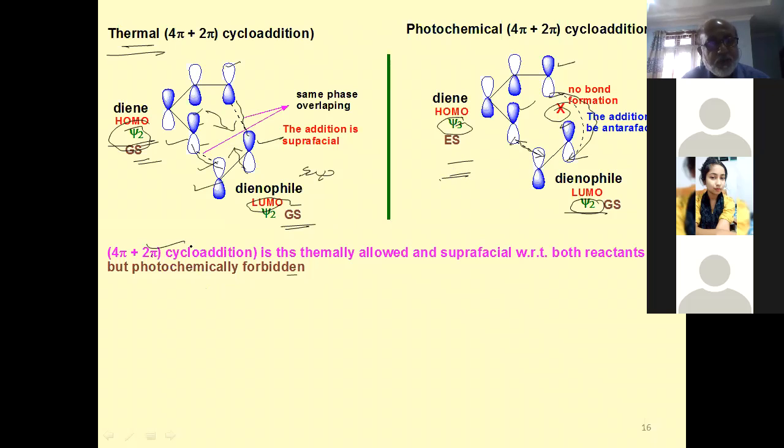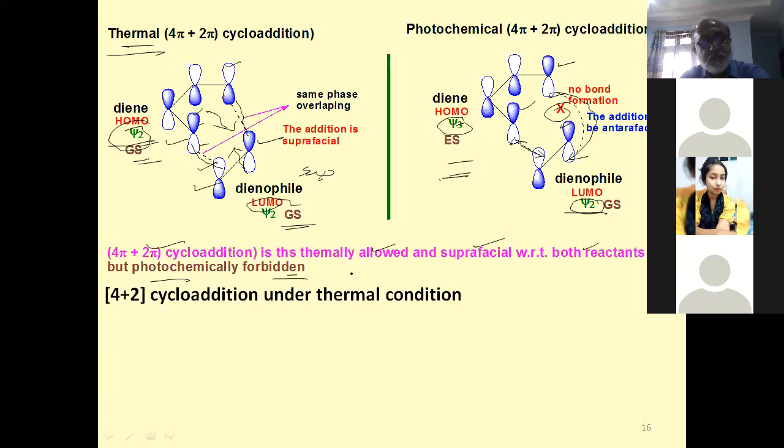So what is this one? 4 plus 2 cycloaddition is thermally allowed, suprafacial with respect to both reactants, but photochemically forbidden. What is photochemically allowed? Supra, antara is photochemically allowed. So 4 plus 2 cycloaddition under thermal condition is 4 pi supra, 2 pi supra.